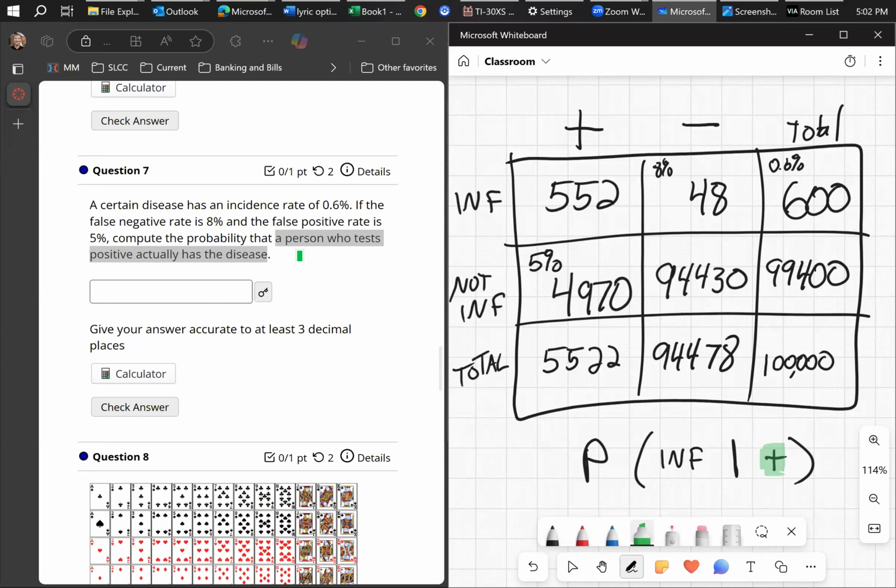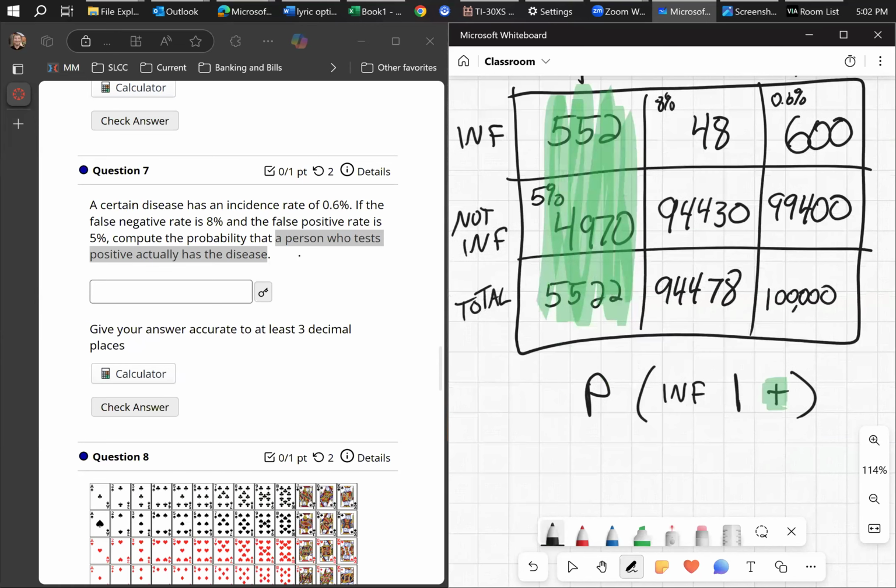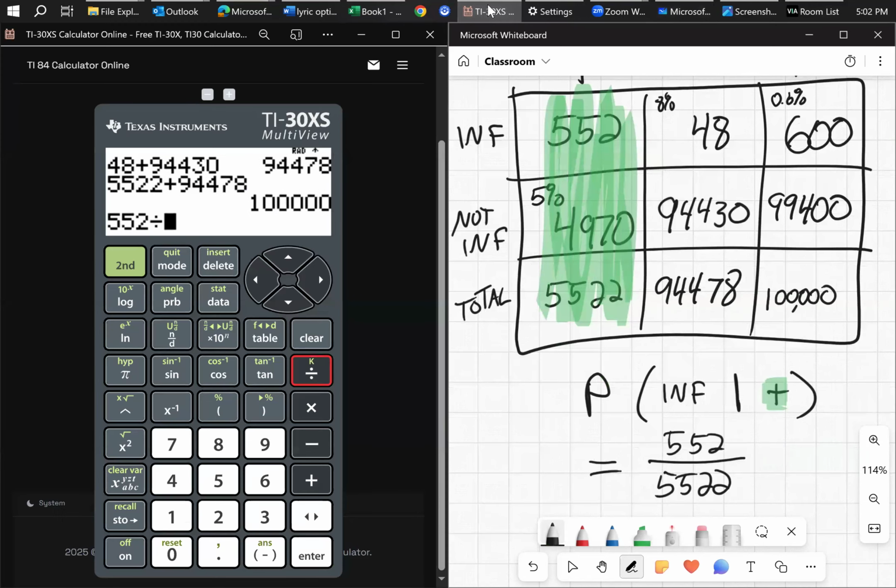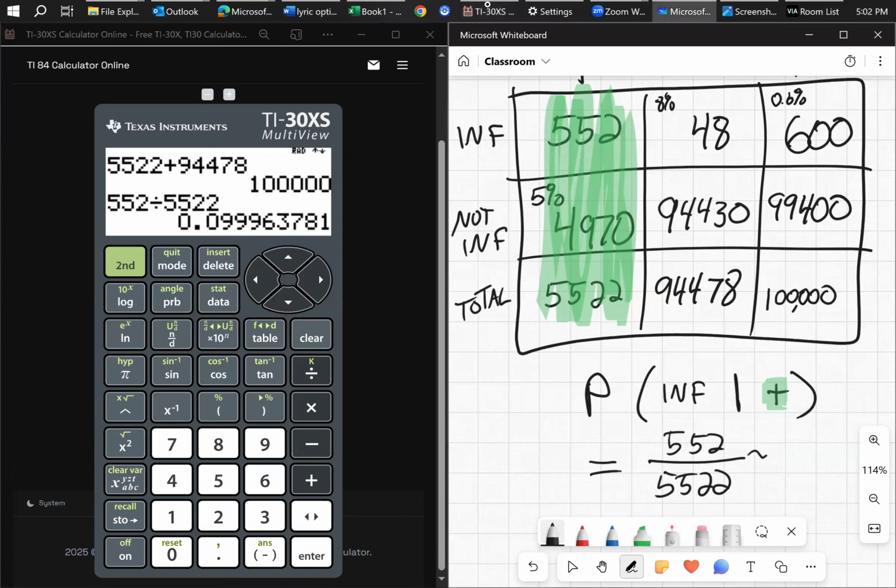This is the only set of numbers that we're using for this problem, which means the denominator is going to be 5,522, and the numerator is the infecteds of those, 552. 552 divided by 5,522 is 0.09996.